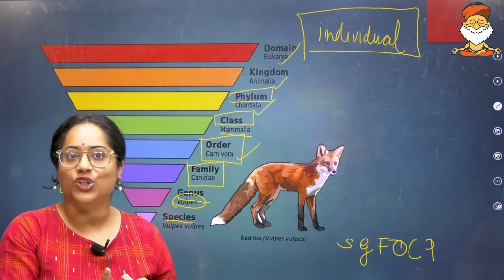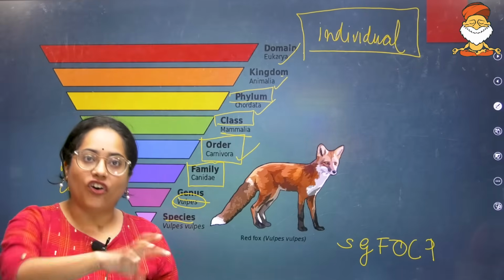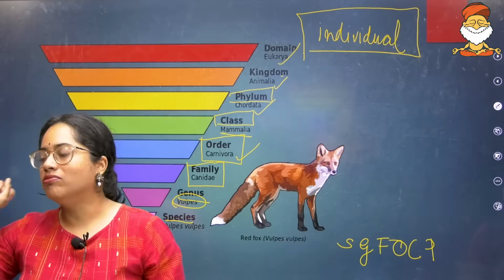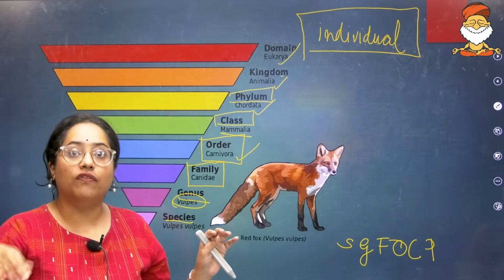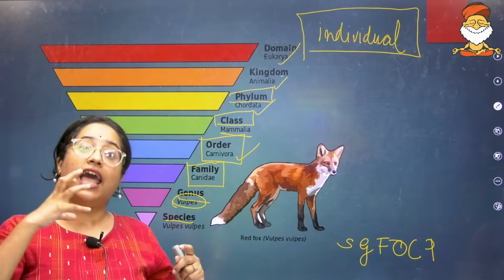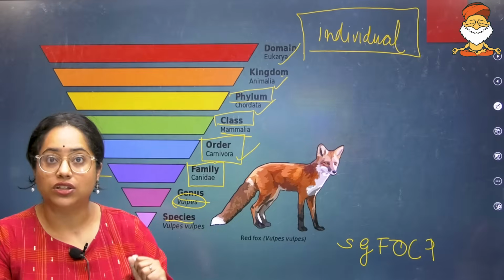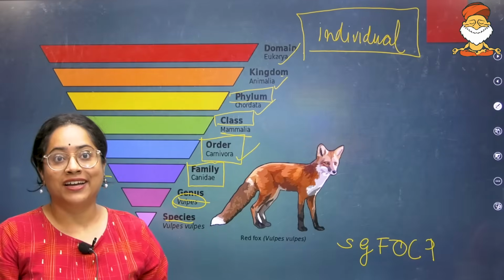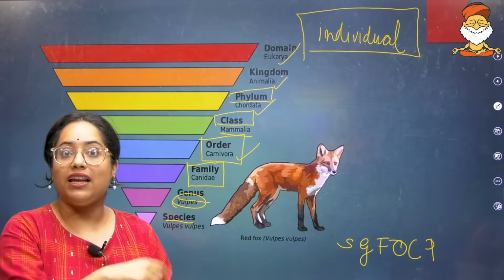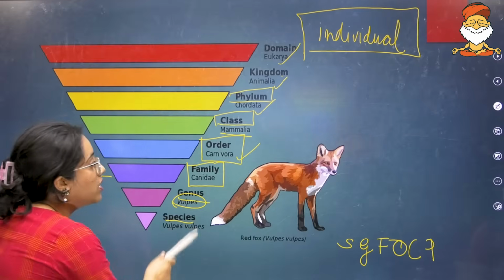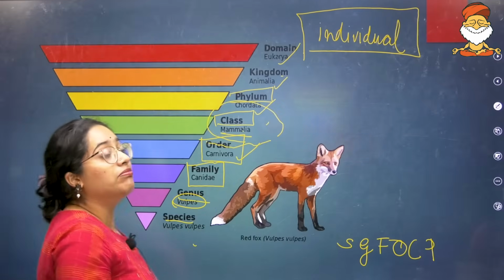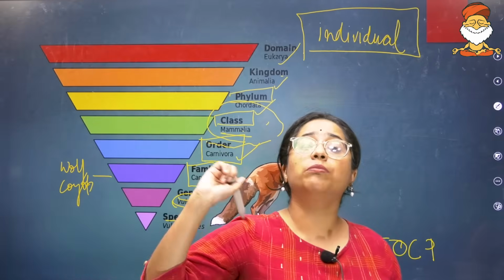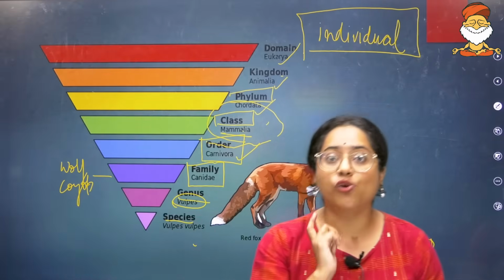It's not just the fox alone right now. You have fox and then you have your wolf and coyotes, etc. When it comes to order, that gets a little bit larger. When it comes to class Mammalia, we also belong to that, which means suddenly the fox and us are all in the same class. When it comes to phylum, it becomes even much bigger.